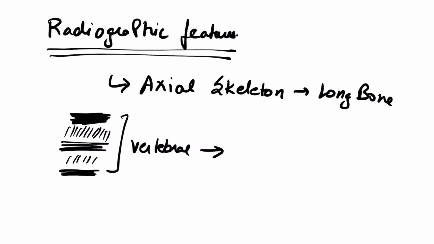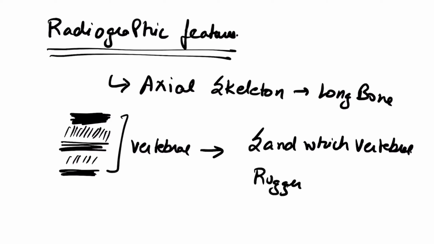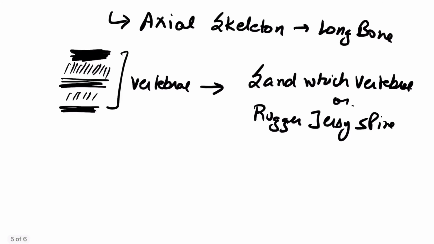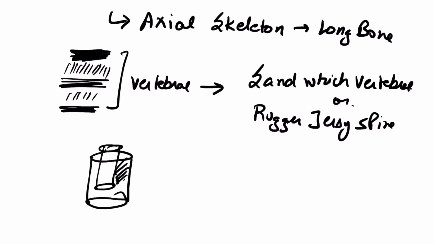vertebrae. So this will look like a sandwich vertebrae, or you can say rugger jersey spine. Rugger jersey spine, if you know, the footballers used to wear rugger jerseys. And you will also see bone-in-bone appearance, as there will be some part that will be radio-opaque.